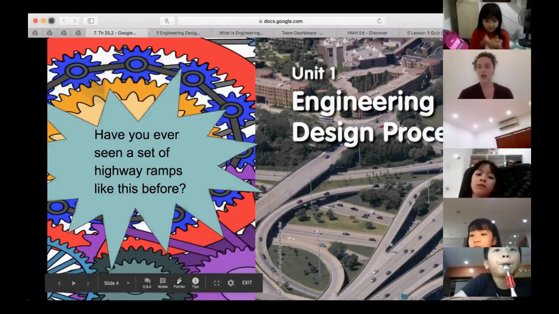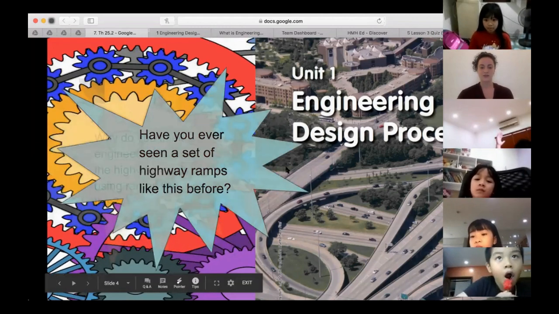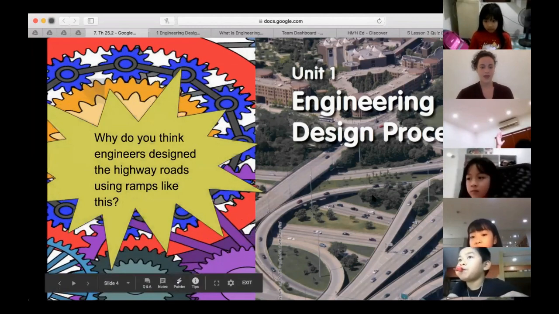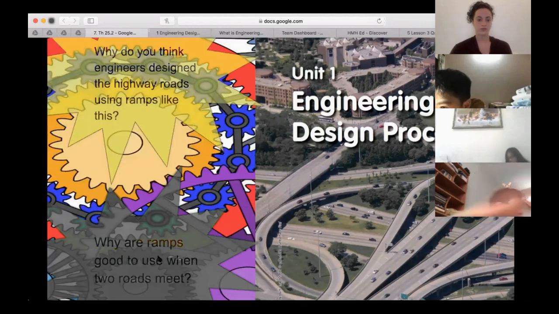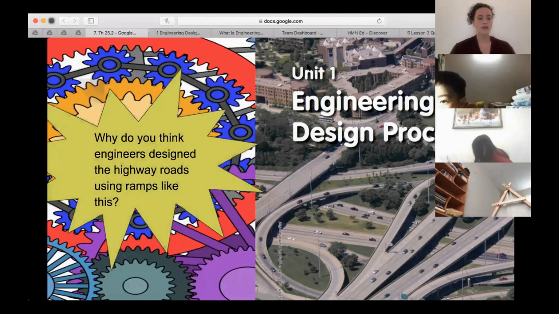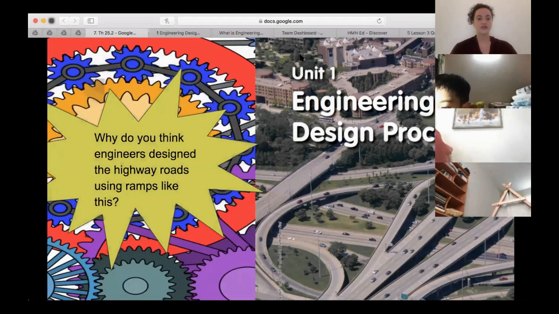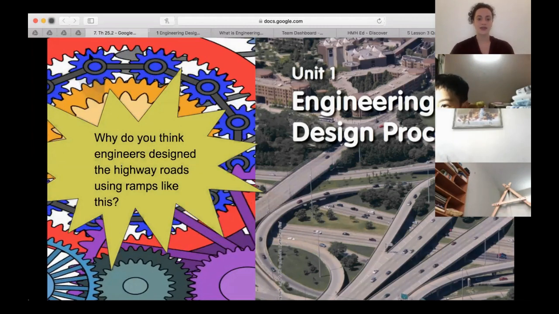Raise your hand if you have. Raise your hand if you've seen stuff like this before. Yeah, a few people. What do you think, why do you think engineers designed the highway using ramps like this?